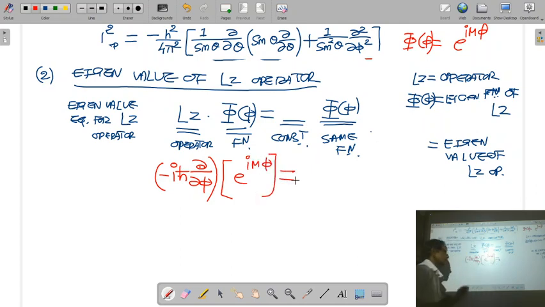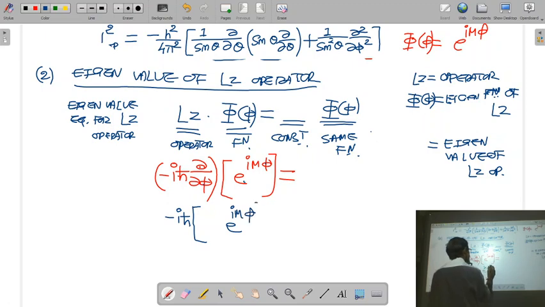is equal to. Let us solve the left hand side of this equation. Minus i h cross as it is. When d by d phi operator operates on e raised to im phi, the derivative of the exponential function e raised to im phi is e raised to im phi multiplied by the coefficient of phi, which is im. So minus i h cross is constant, and the derivative gives e raised to im phi into im.